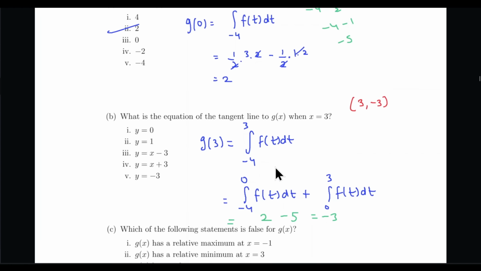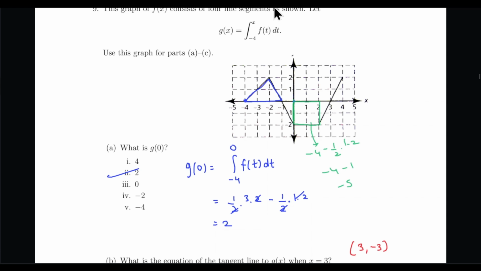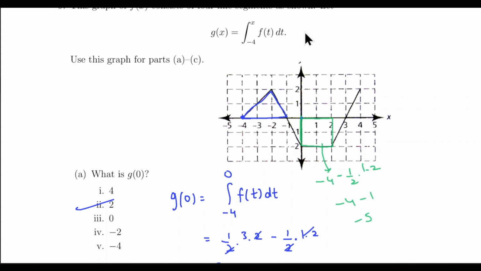Now for slope, I need to differentiate g, right? So again, we have to use the FTC1. So g'(x) will be equal to f of the upper bound times the derivative of the upper bound, so the derivative of x is 1, minus 0 because this is a constant, so there is no need to write that. I'm looking for g'(3), so g'(3) is f(3), which is 0.